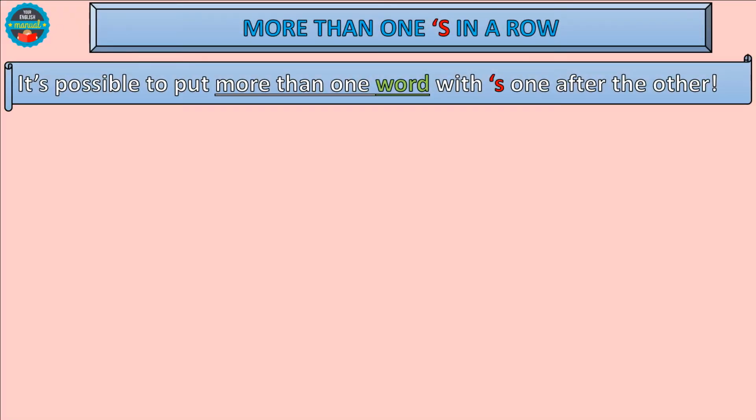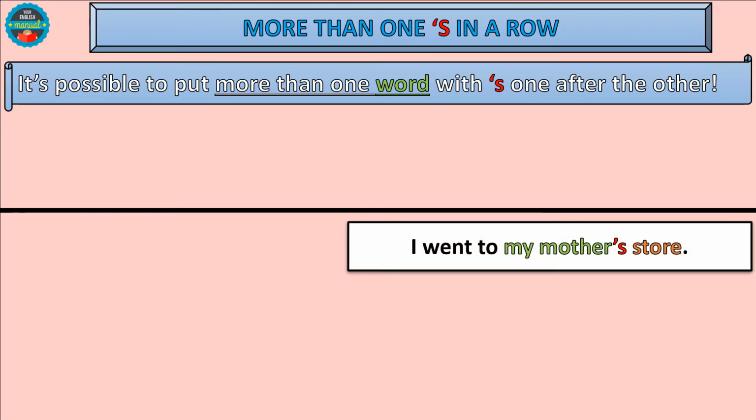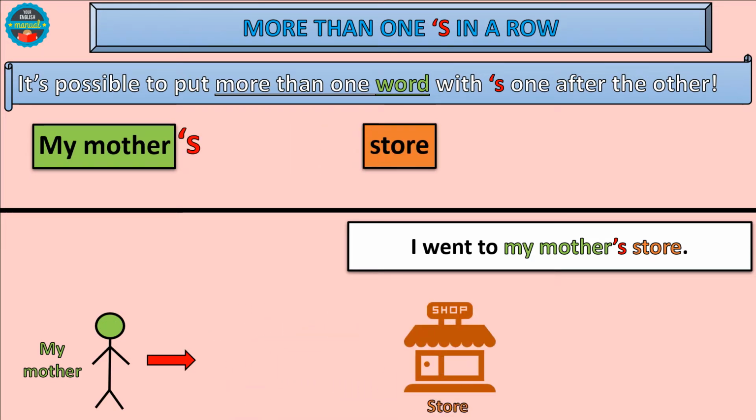Well, as strange as it may seem, it's possible to put more than one word with apostrophe s one after the other. For example, we know that we can say, I went to my mother's store, right? Here, we are saying that the store belongs to my mother. But what if the store belonged to my mother's friend?